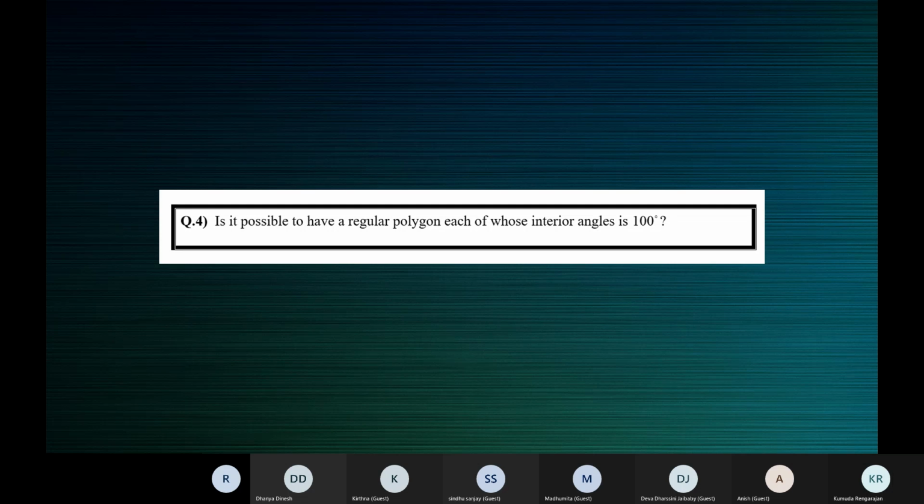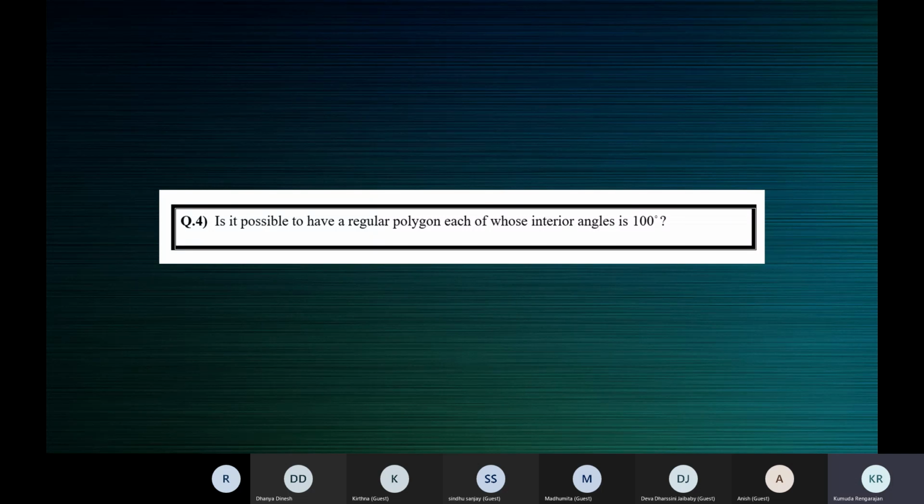Ma'am, is it 4.5? Yes, ma'am. So you're getting n is equal to 4.5, right? That means we are trying to say that the polygon has 4.5 sides, correct? Is it possible?